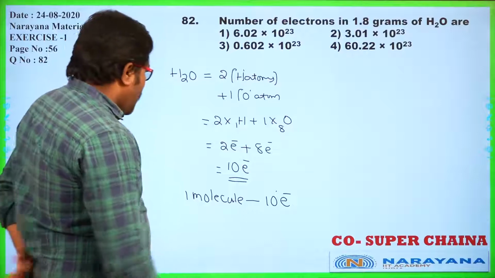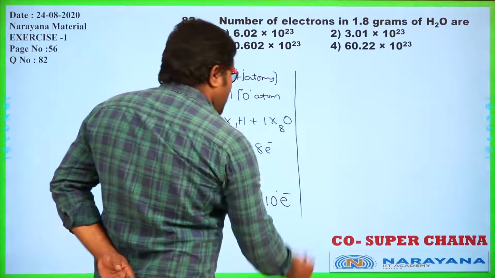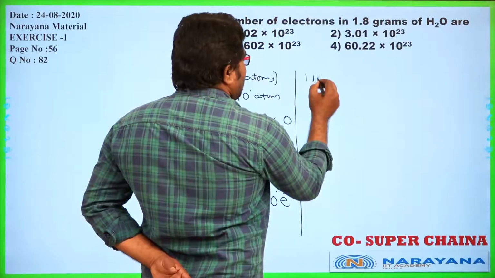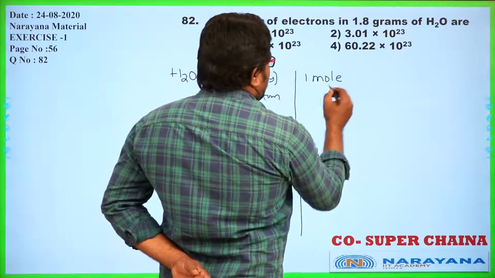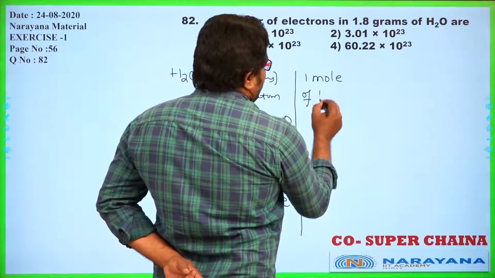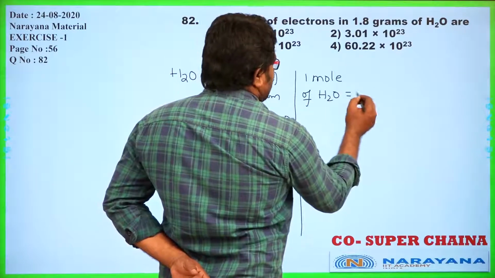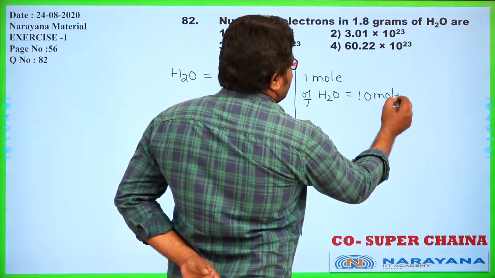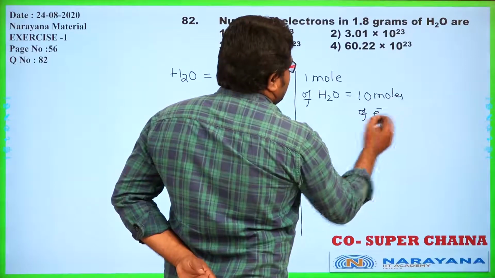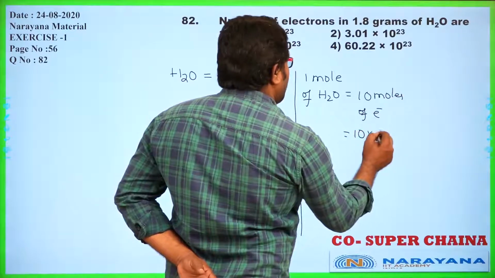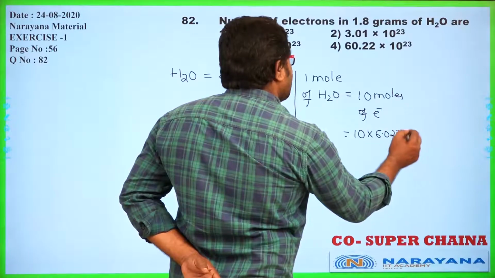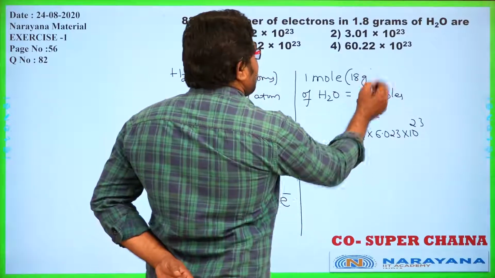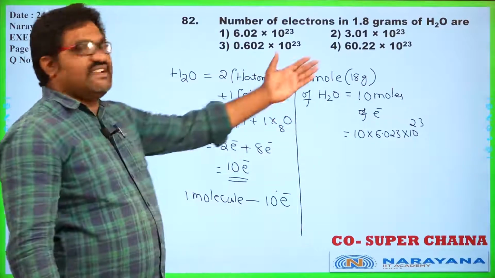Now, 1 mole of water contains 10 moles of electrons. That is equal to 10 into Avogadro number, 6.023 into 10 power 23. So 1 mole means what is the weight of water? Gram molecular weight is 18 grams.